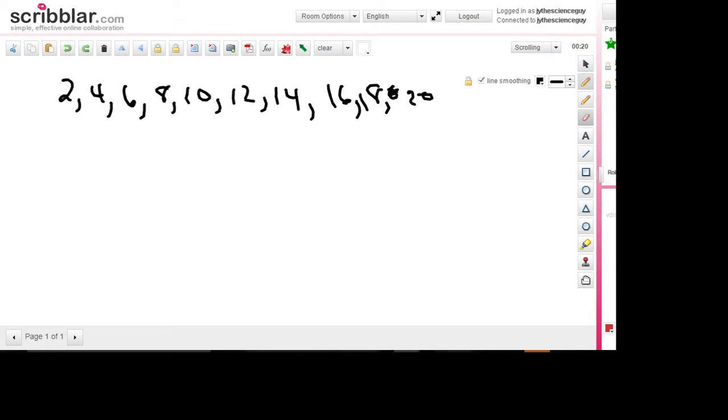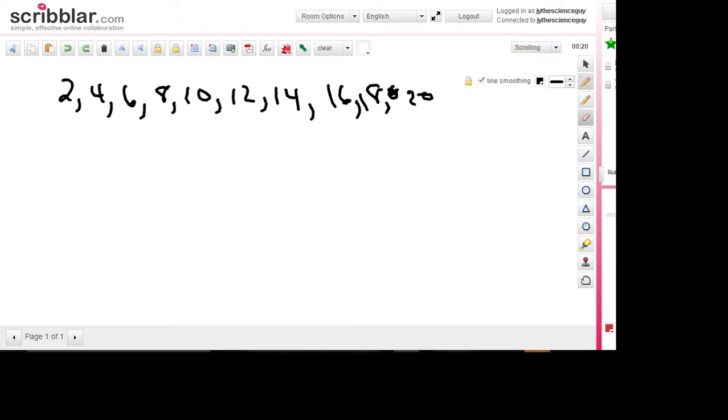Yeah, 2, 4, 6, 8, 10, 12, 14, 16, 18, 20. Right. Okay. So I could take all the numbers and put a plus sign between all of them, and then I have 10 numbers, so I divide by 10. The formula that you have to remember for average is this.